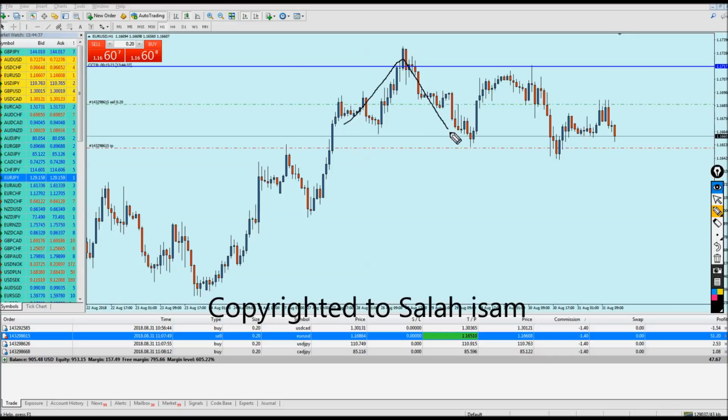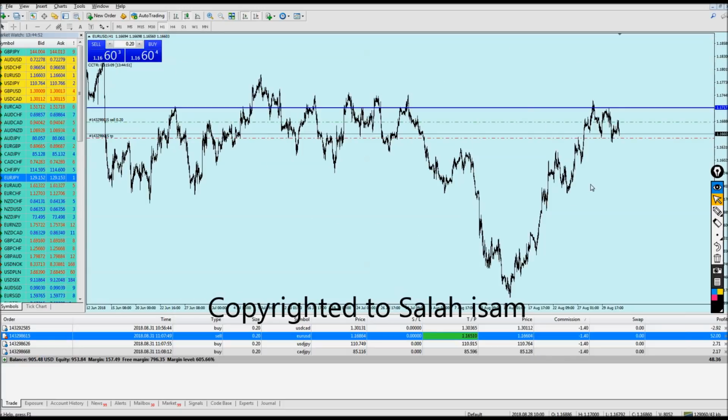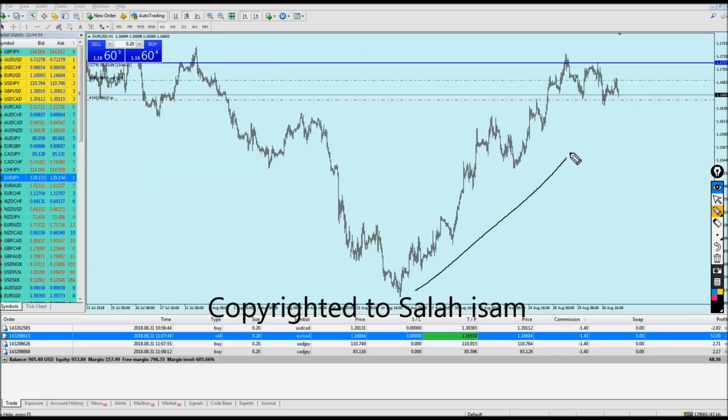I see the trend was going up for a reasonable amount of time. Then I see a double top. A double top is one of the patterns indicating that the market is changing direction, so there is a chance the direction is changing from an uptrend to a downtrend.